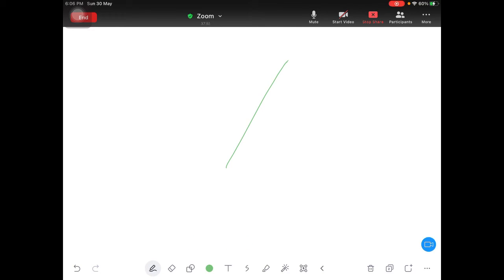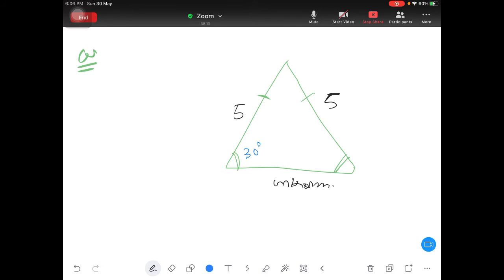If this is your isosceles triangle, I will mark these two sides as the same sides. So the angle here and the angle here will also be the same. Based on this, you can have one question. Say this side is 5, this side is 5, and this side is unknown, and this angle is 30 degrees. Find this angle x degrees.